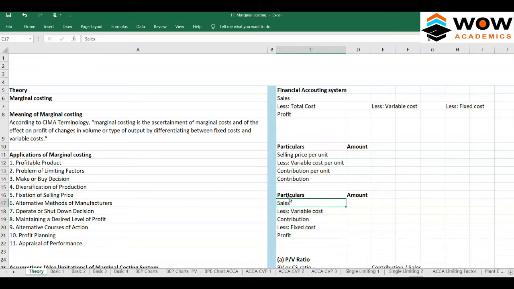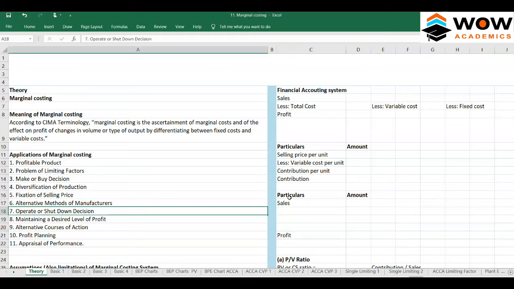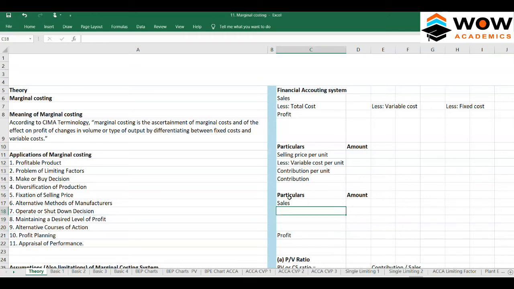If you take all these elements, they are nothing but total cost. Reduce your total cost, and that will be your profit. But we are bifurcating that cost into two parts, called variable cost and fixed cost.